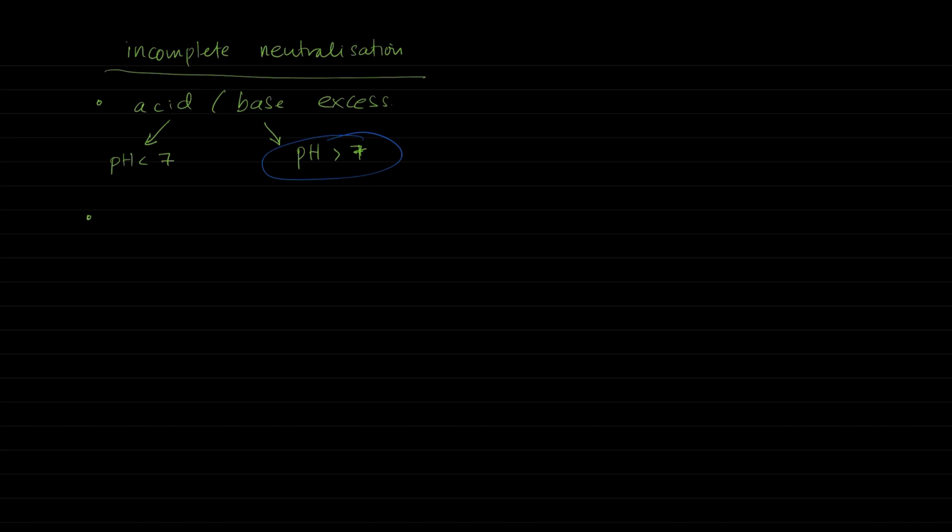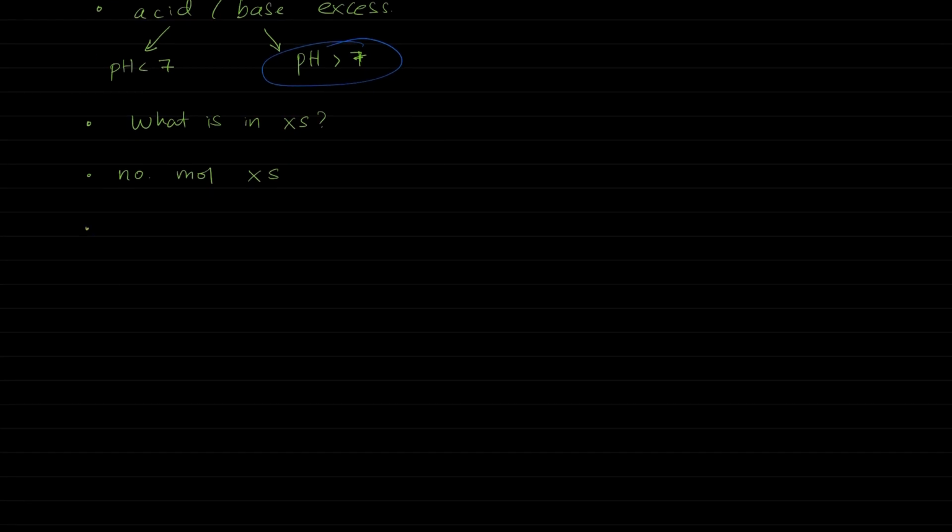The next thing we need to do is figure out the number of moles that's in excess. So we need to know what is in excess, then the number of moles in excess. This is going to be either, again, the acid or the base. After calculating the number of moles that's in excess, we need to calculate the number of moles of OH minus if the base is in excess, or H plus if the acid is in excess, by dissociation.